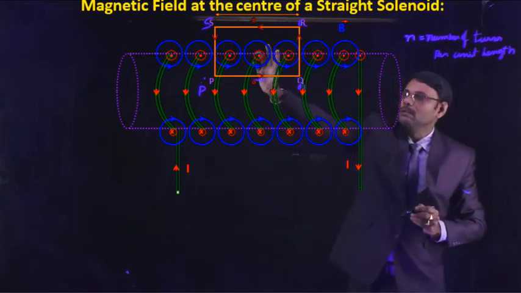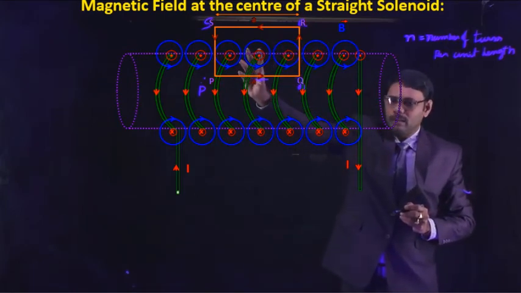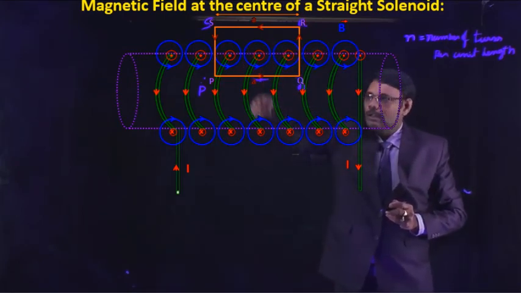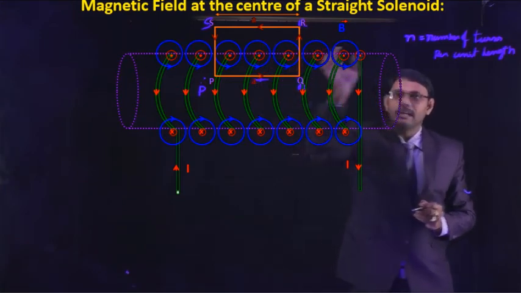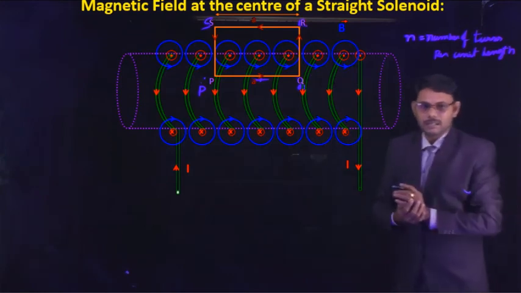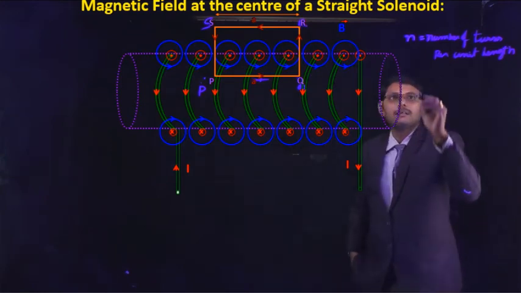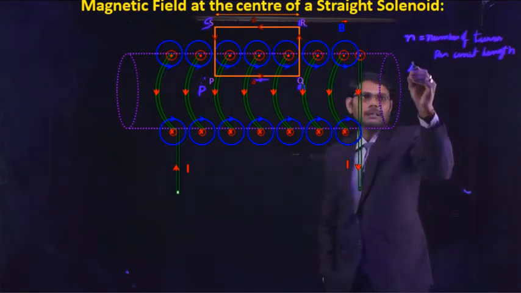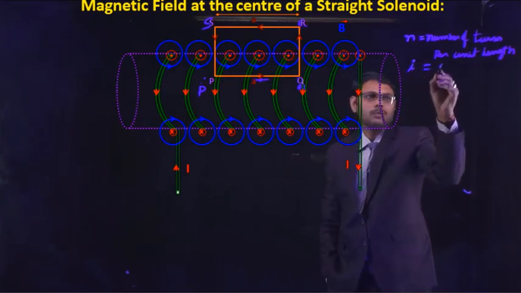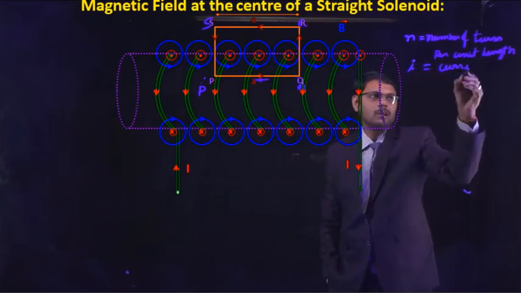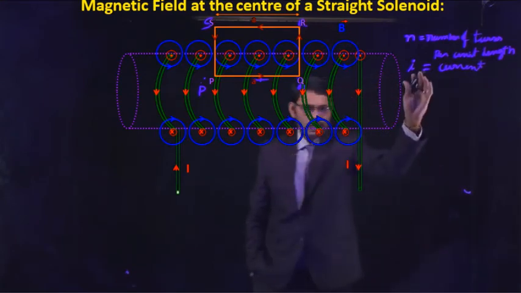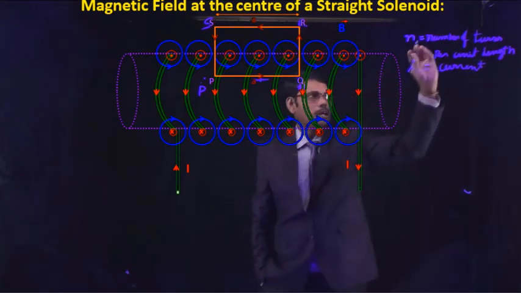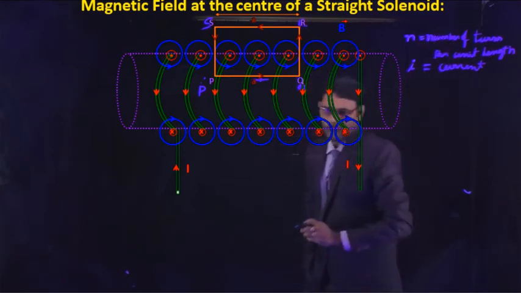In this figure, we are observing there are so many circular turns of the copper conductor, a good conductor. The number of turns per unit length is n, and I is the current passing through the copper wire of the solenoid. Current passing through the solenoid is I, and the number of turns per unit length is n.